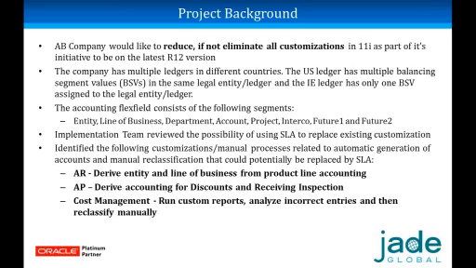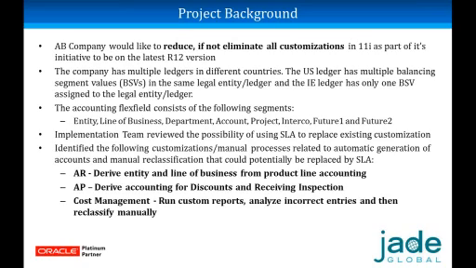So the implementation team reviewed the possibility of using SLA to replace the existing customization. And we identified the customizations and manual processes related to automatic generation of accounts. And also because they do have manual reclassification, we also identified these manual tasks as follows. So for AR, the business rule was to derive entity and line of business from product line accounting.